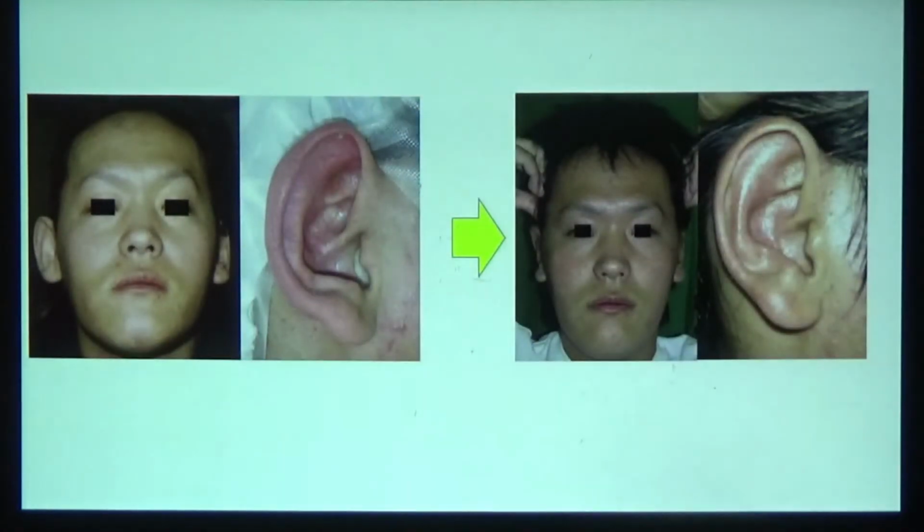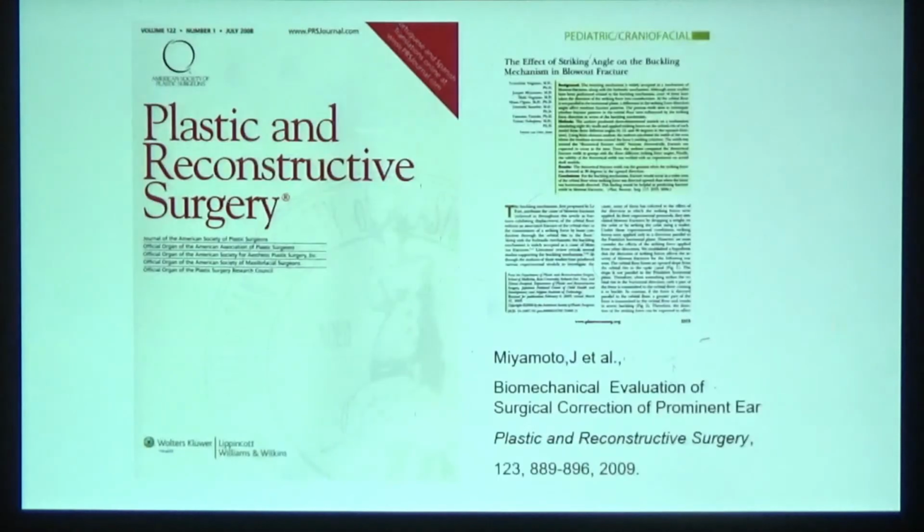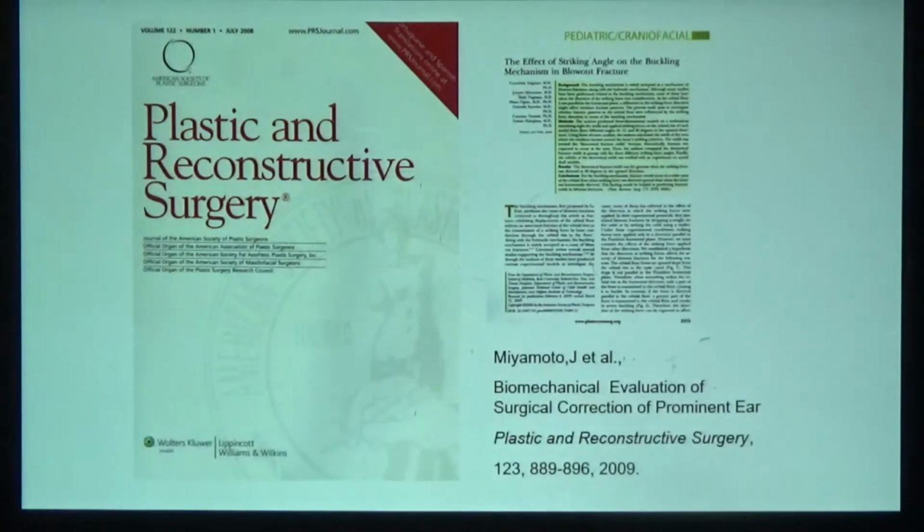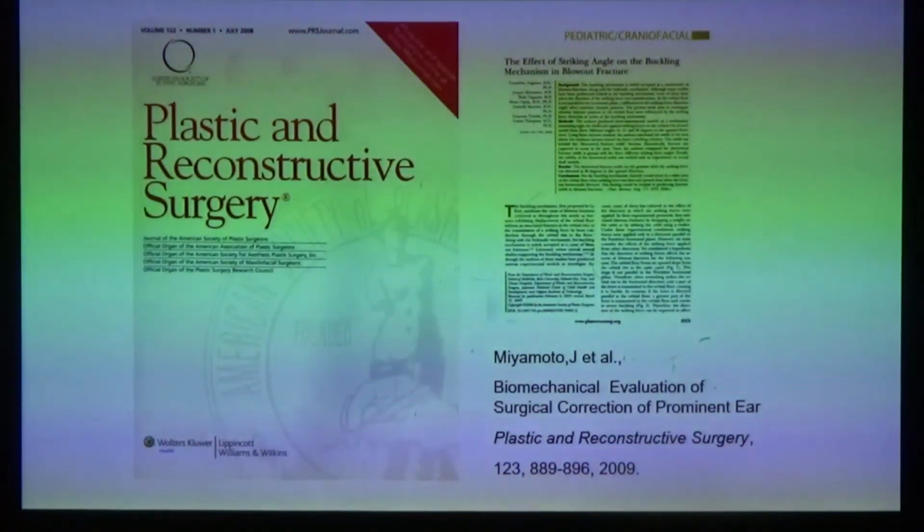This preoperative planning requires an additional job of about 1 to 2 hours. But through such effort, we can provide our patients with improved outcomes. We reported this trial in Plastic and Reconstructive Surgery in 2009.